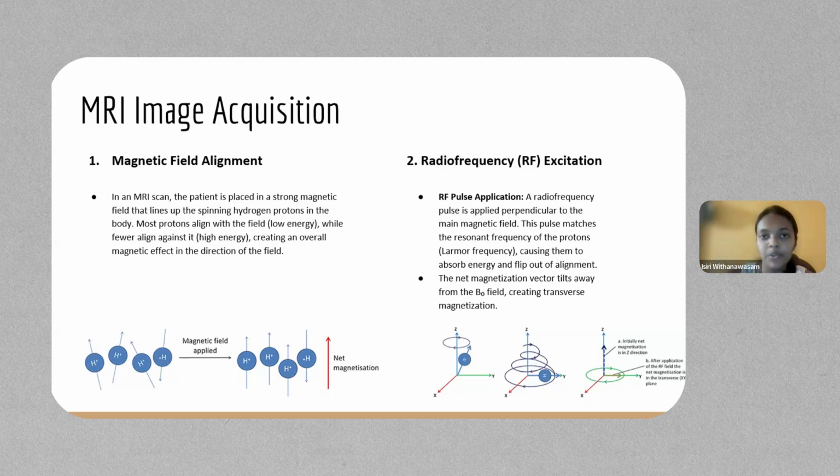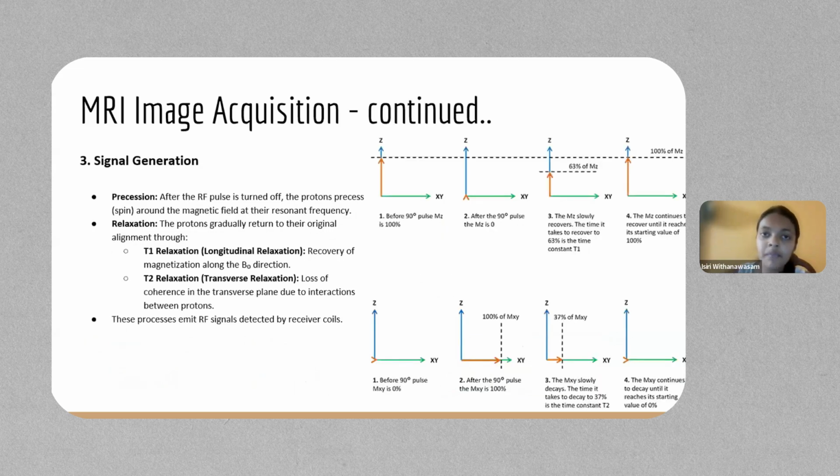These aligned protons then get aligned in the transverse plane. That's called transverse magnetization. And then after some time, this external RF pulse is removed.